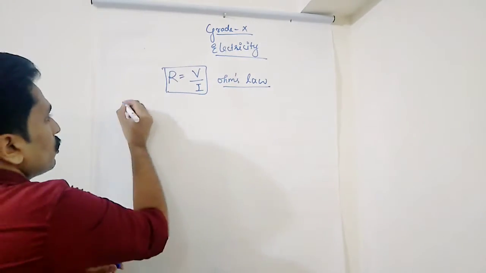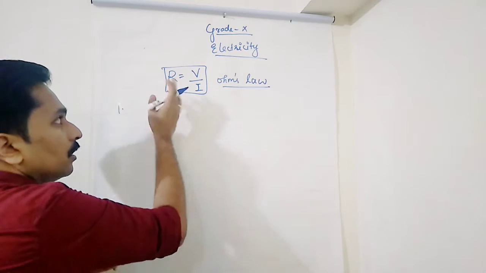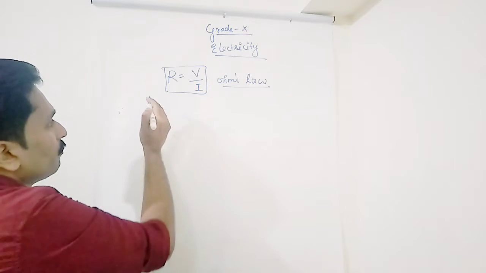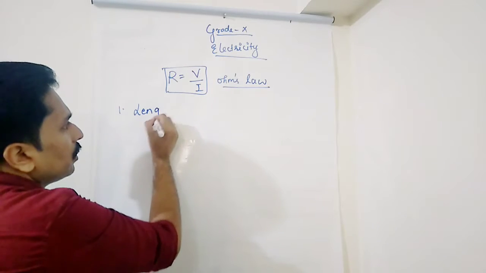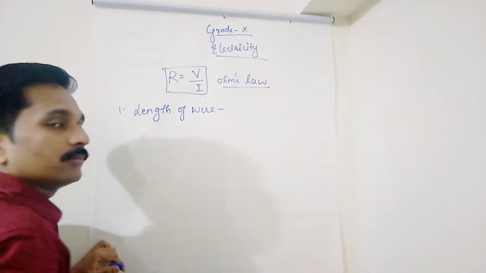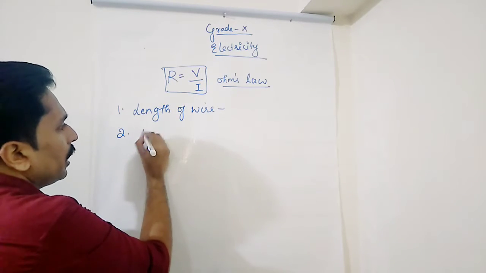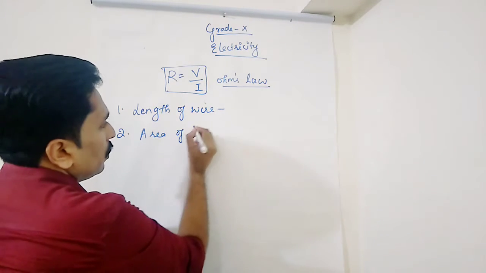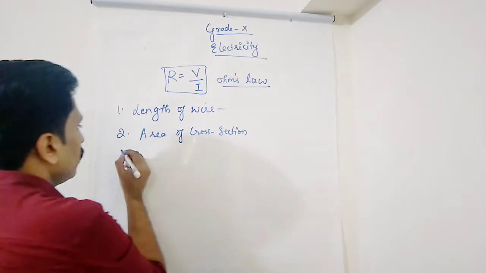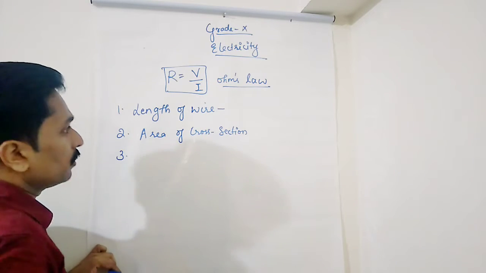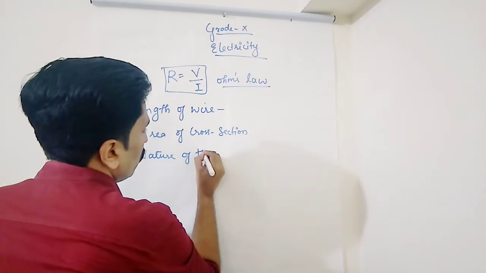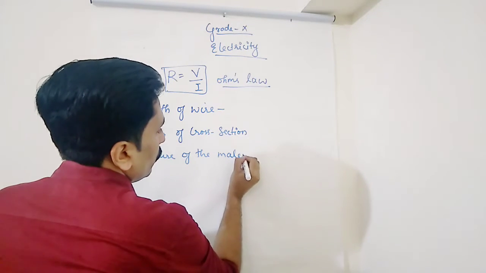The first factor affecting the resistance of a conductor is the length of the wire. The second one is the area of cross section. The third one is the nature of the material.